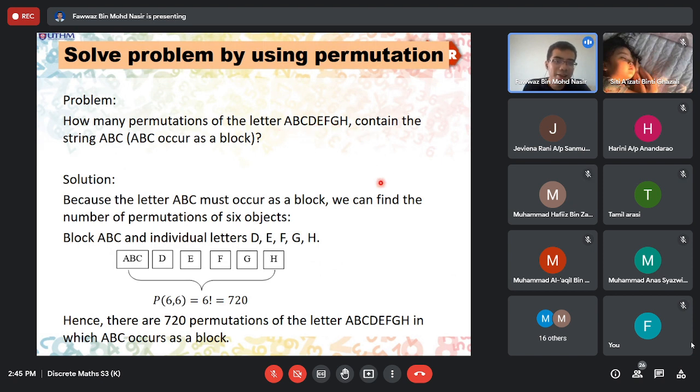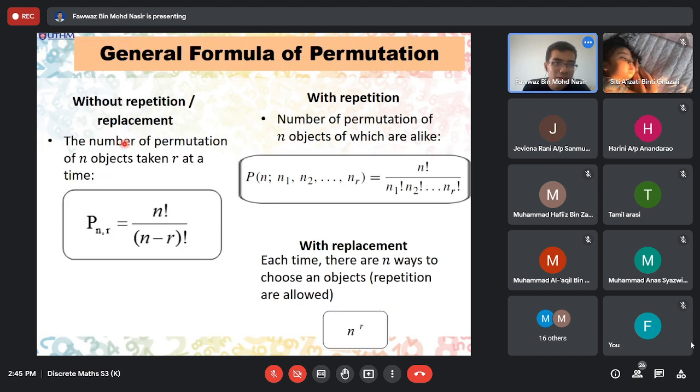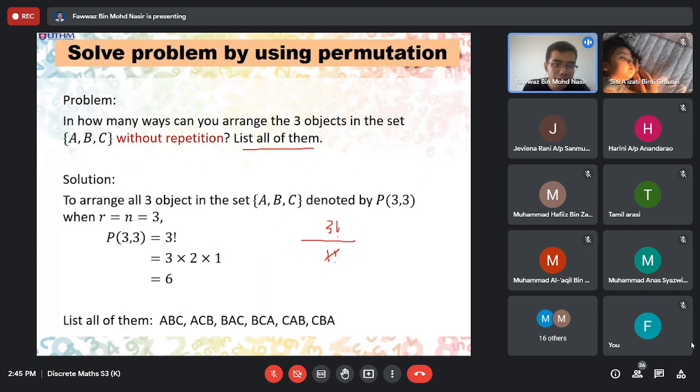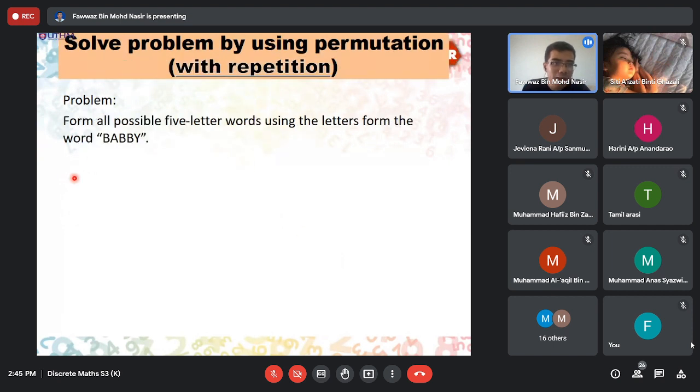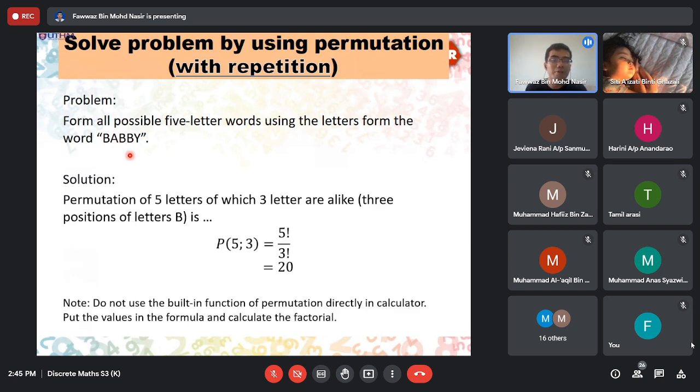So kita pakai formula yang mula-mula tadi tu, kita pakai without repetition. Tapi once ada elemen yang repeated di dalam kita punya question, dalam contohnya ada baby kan, B ni ada repeated element, B is repeated 3 times, so we use formula yang with repetition.